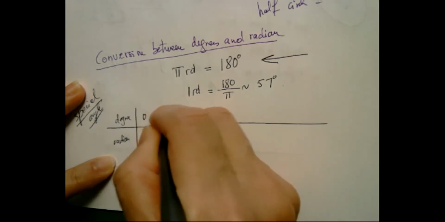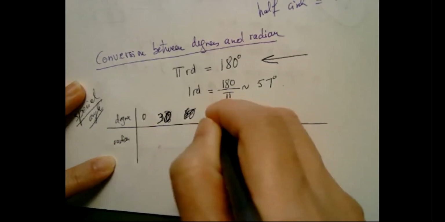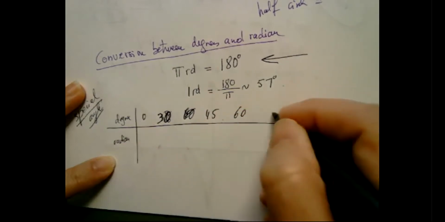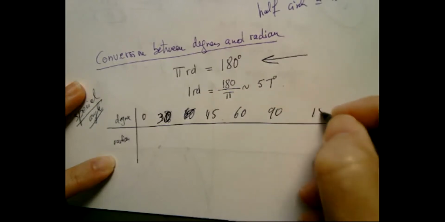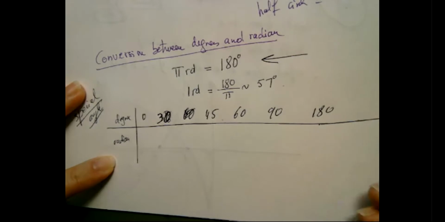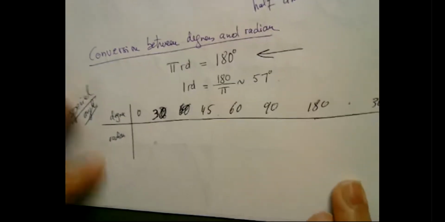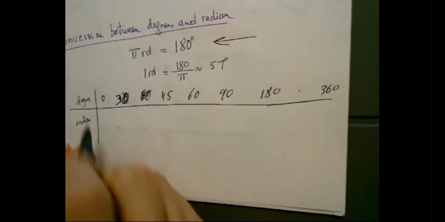Sorry. The 30, the 45, the 60, the 90, the 180, what else? 360, and this is, I don't know. We'll figure it out in a second. All right, let's do the conversions.